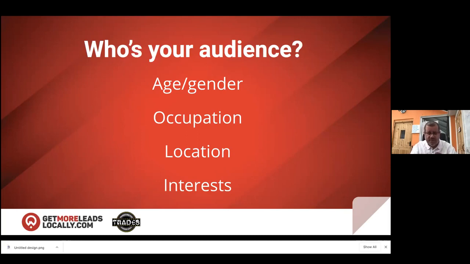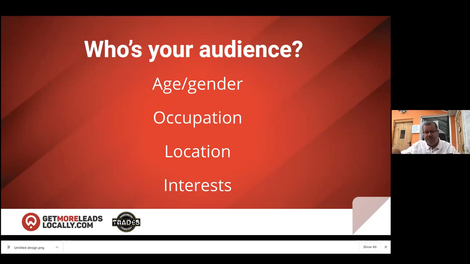Most of you are going to be selling within a geographic area, but some of you might be able to distribute your product or service nationally. So obviously you can target on location. Just a really quick point on location: Facebook gives you the opportunity to target people that live in an area or have recently been in an area.